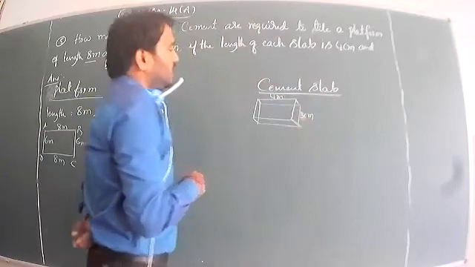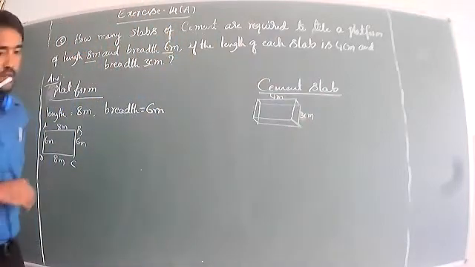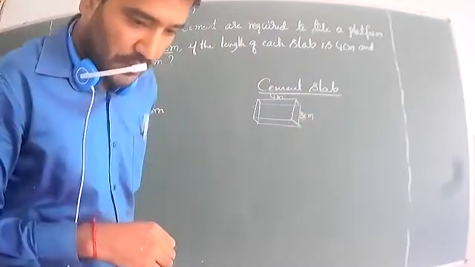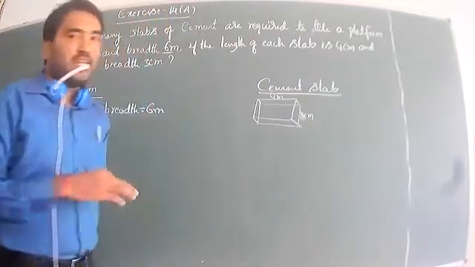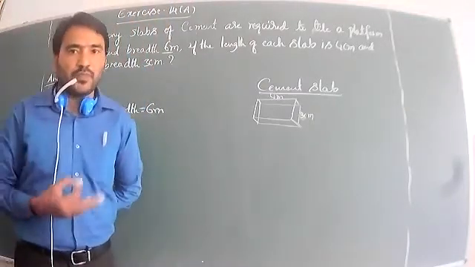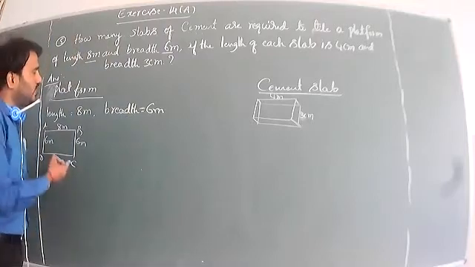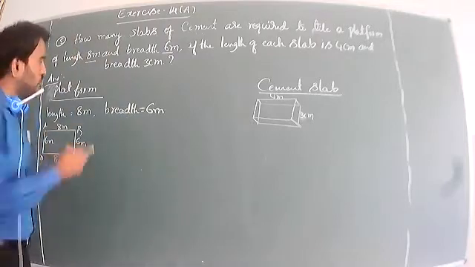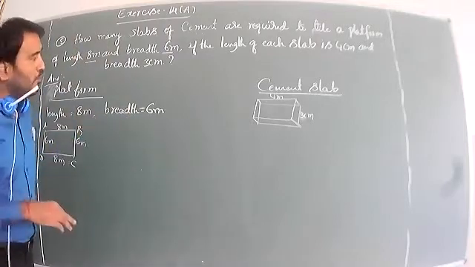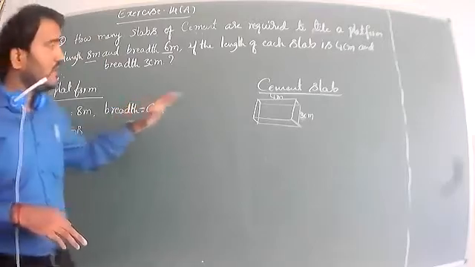Breadth is 3 centimeter, and the length, wait, is it 3 meter or 3 centimeter? Now centimeter has to be converted to meter, meter to centimeter first, for both the cement slab and the platform.